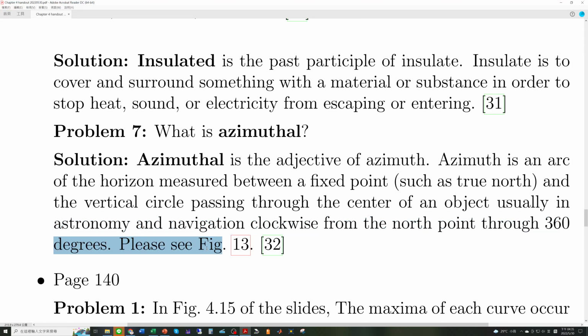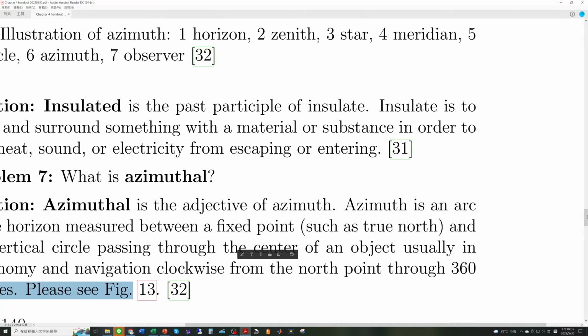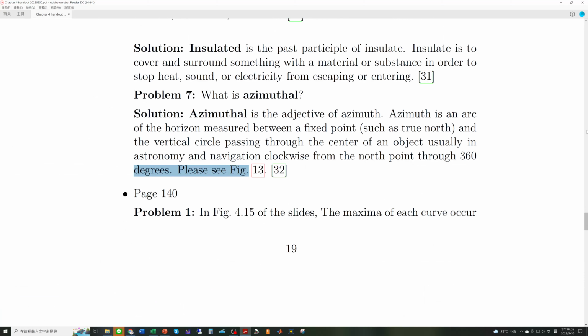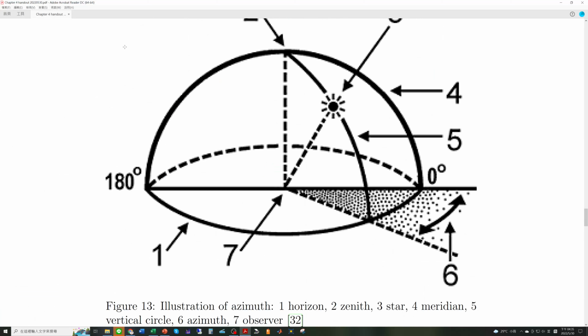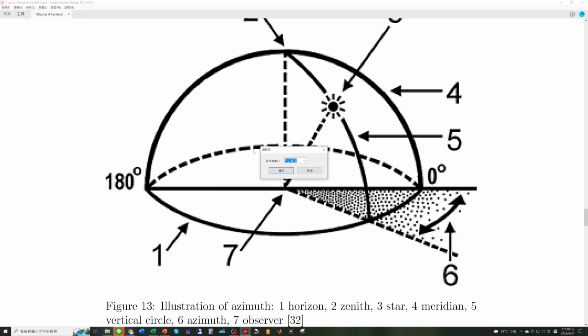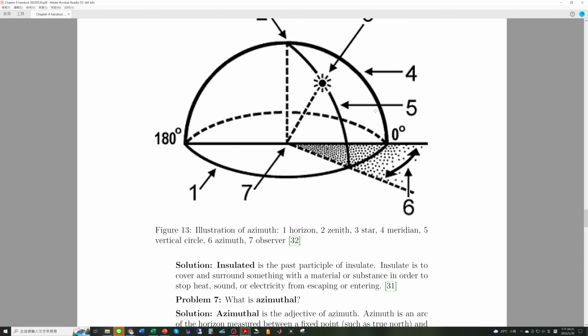Please see figure 13. I need to make it smaller. Let me try 200%. Good.